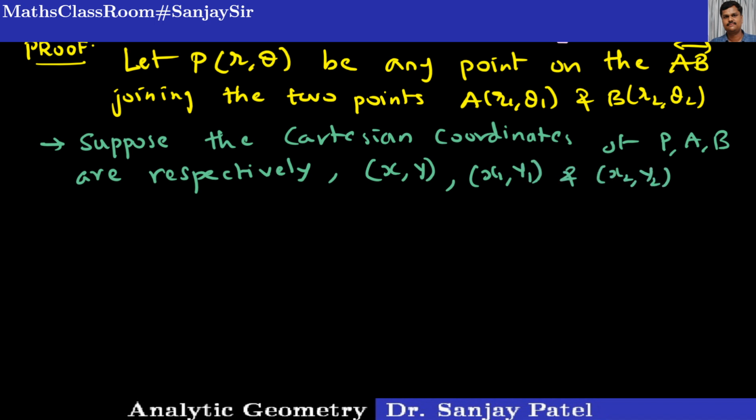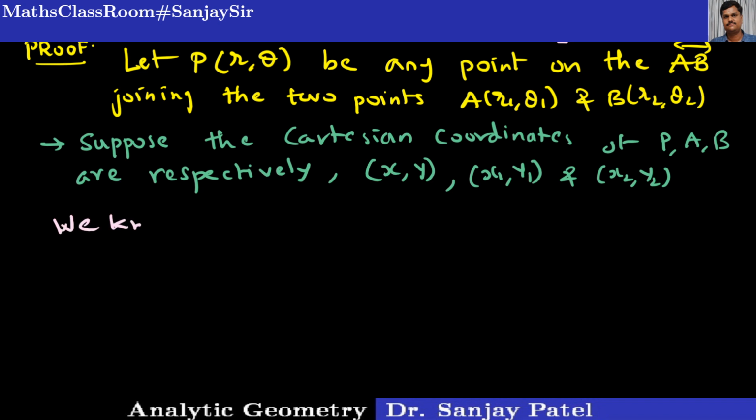What is the meaning here? That x and y are the Cartesian coordinates corresponding to the polar point (r, theta). x1, y1 are the Cartesian coordinates corresponding to (r1, theta 1) and x2, y2 are the Cartesian coordinates corresponding to the polar coordinates (r2, theta 2). Then we know the relation between these three, and that I am going to write first.